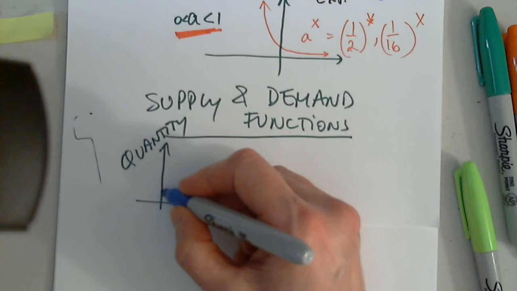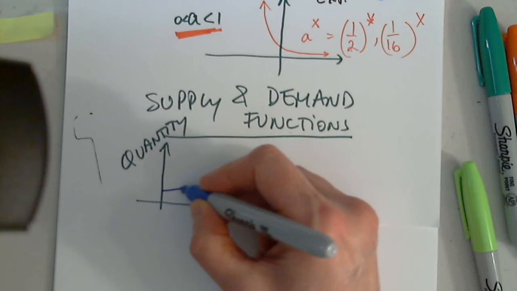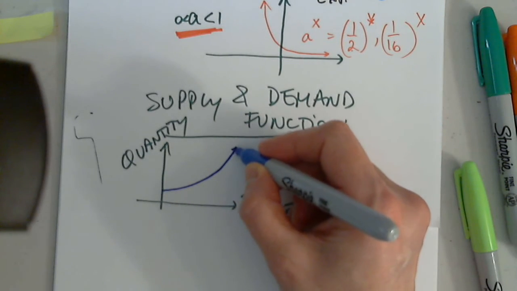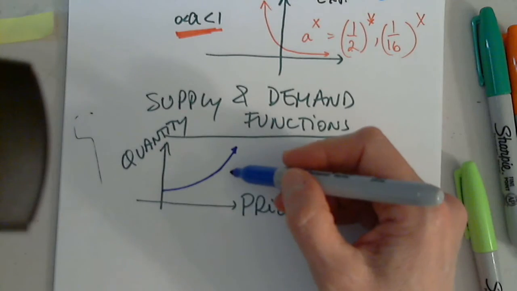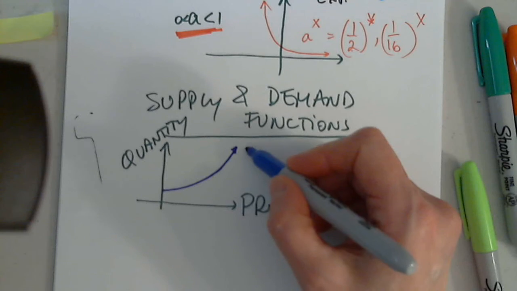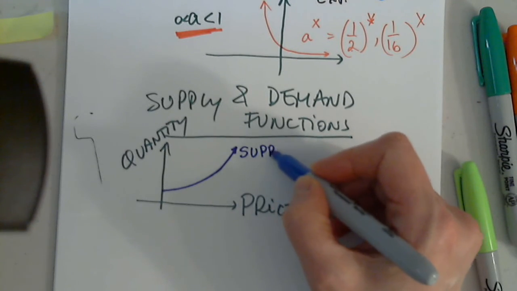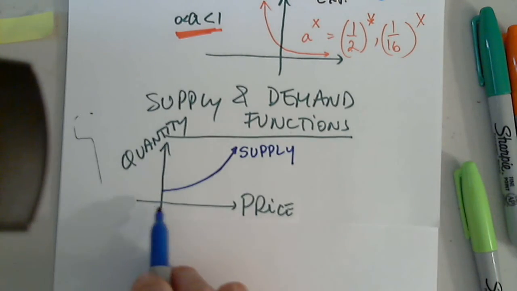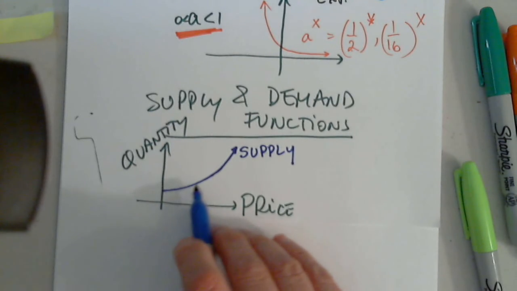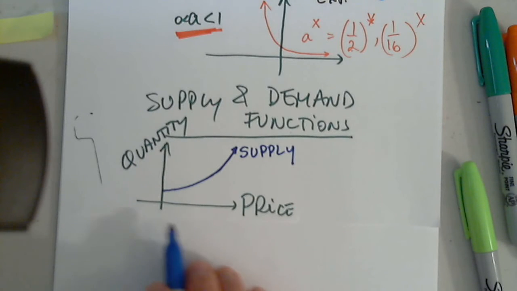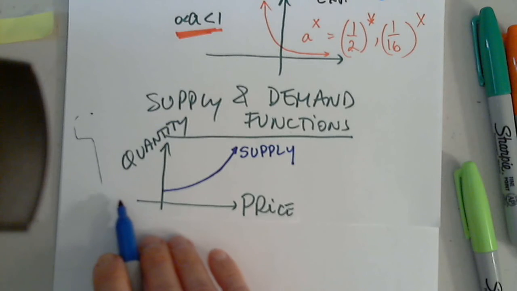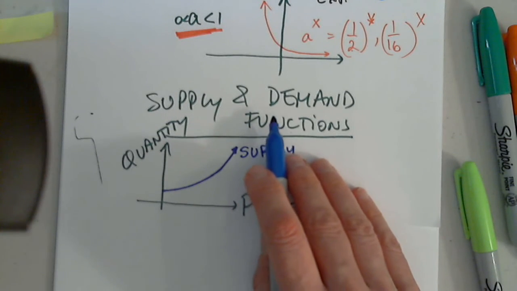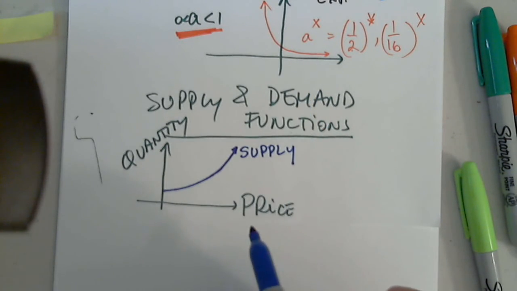Well, the answer is we would love this to happen. So the higher the price, the better for us, because we supply. And we want the higher price to make more profit. So the supply is always an increasing function. As price increases, we are willing to produce more and more and more to make more money.